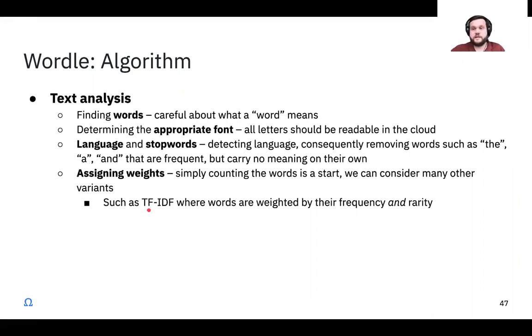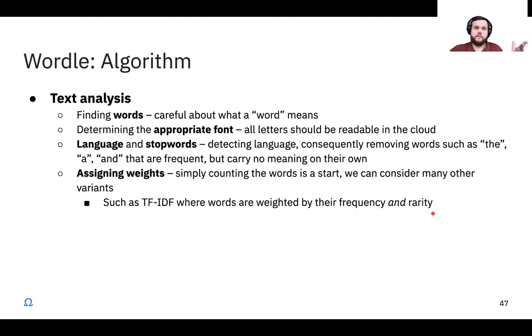Another one, which is, again, in information retrieval, a classic, but it could change things considerably. If you have TF-IDF, then you are weighting words by their frequency and also rarity.